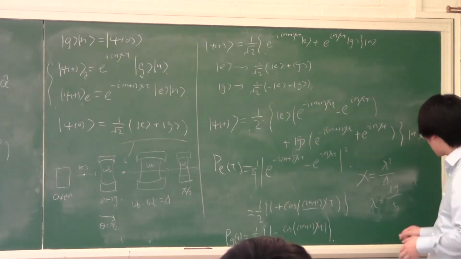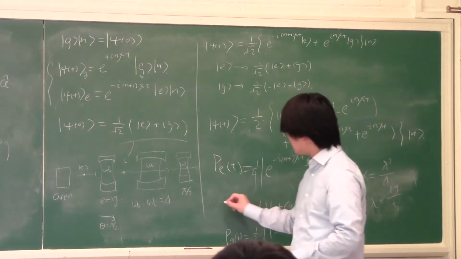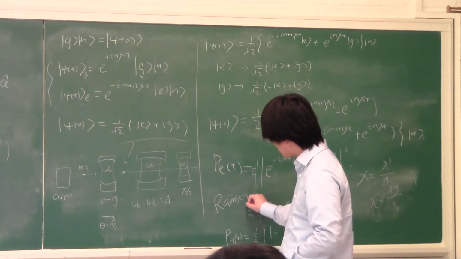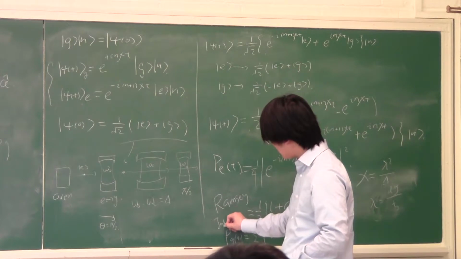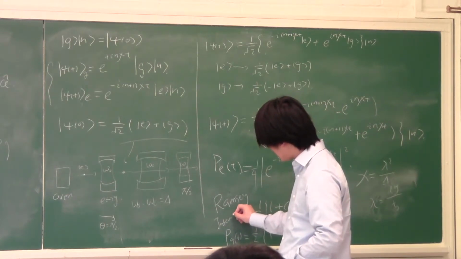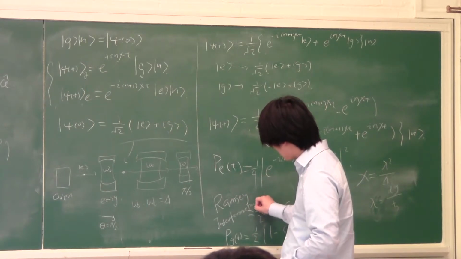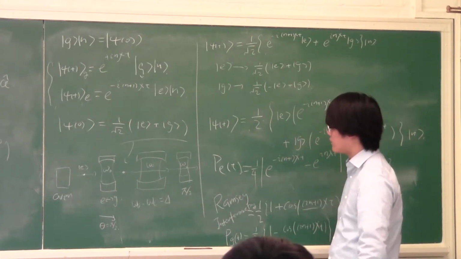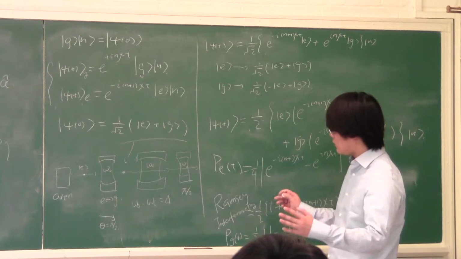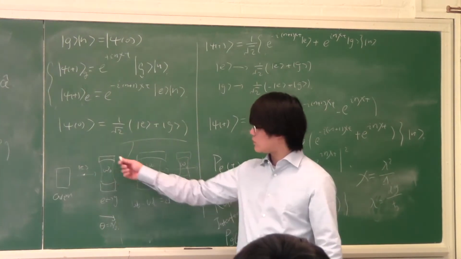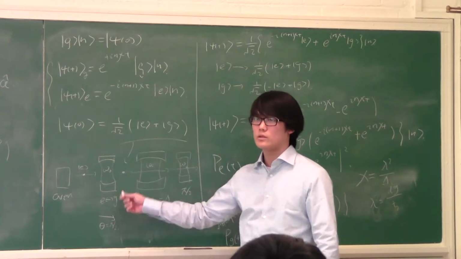This is called, if you're really interested, you can look up Ramsey interferometry. For wide use, these resonant cavities with these pi over 2 pulses are typically called Ramsey zones.